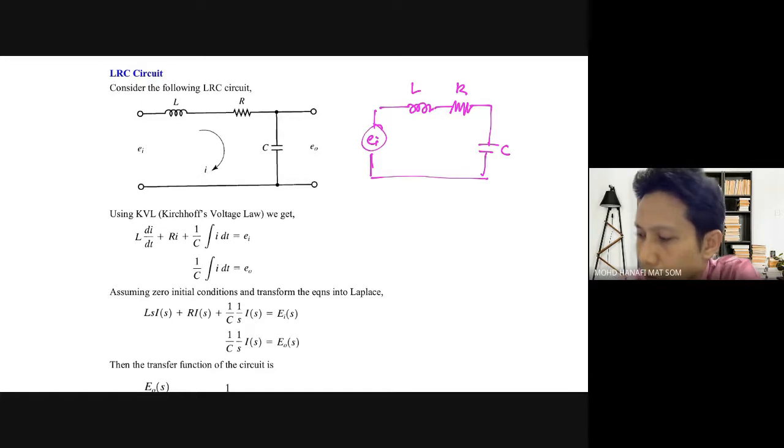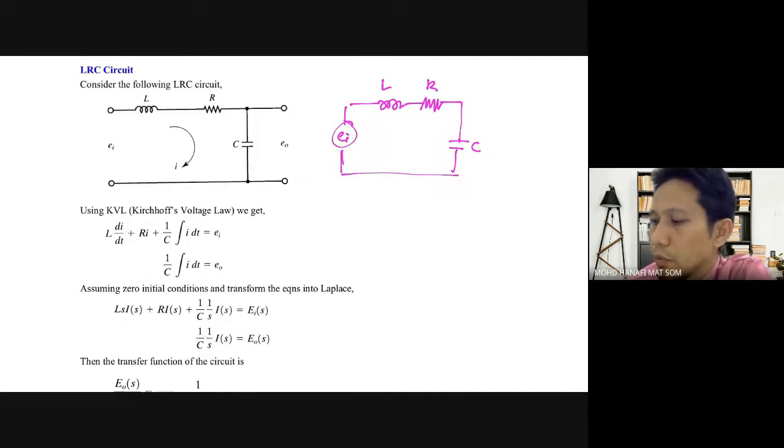We want to find the transfer function of this circuit. So what is a transfer function? The transfer function is the ratio between the output and the input. In this case, the output that we want to measure is, we put a probe here.